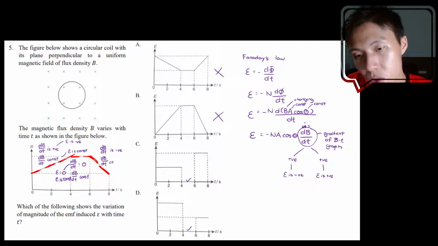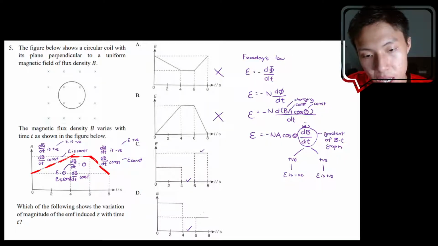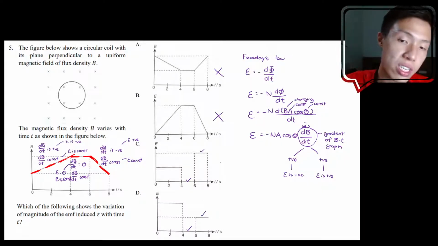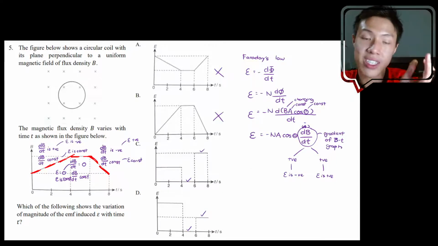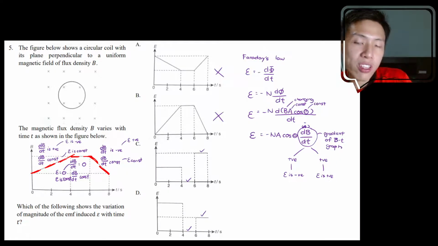So what do we know? We can say that epsilon will be positive. Then we also know that epsilon is constant. Okay, so both of these are constant EMF. They are not increasing, they are not decreasing, and they are positive. We don't care about the sign anymore. Okay, but both of these are still in the race.